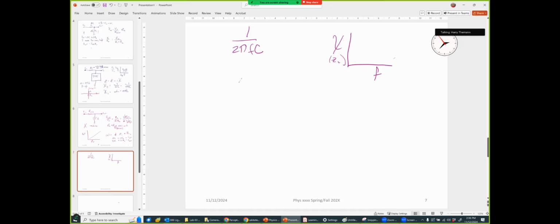So that means that at low frequencies, this is going to have a high reactance, and this is going to be a hyperbola because it's 1 over F. And the higher in frequency I go, the lower is the reactance of my capacitor. Let me write that.